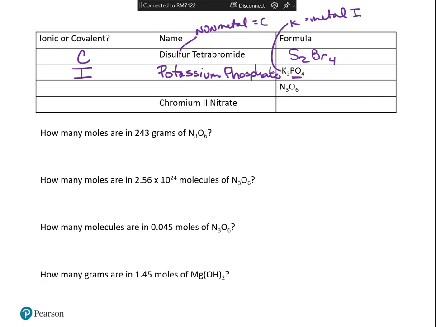Okay, looking at the next one, N3O6. Is this ionic or covalent? Covalent, because nitrogen is to the right of the zigzag line. That's how I know. So N3O6, how do I have to name this?